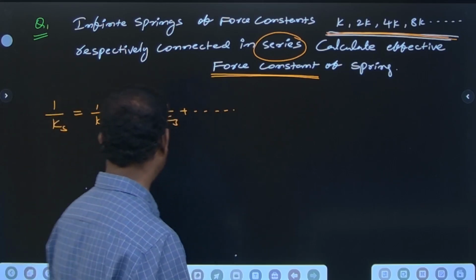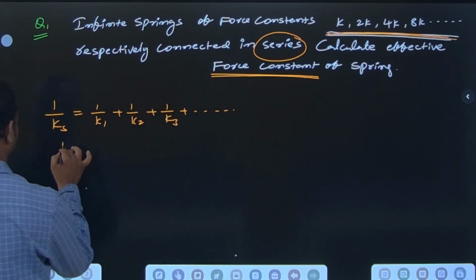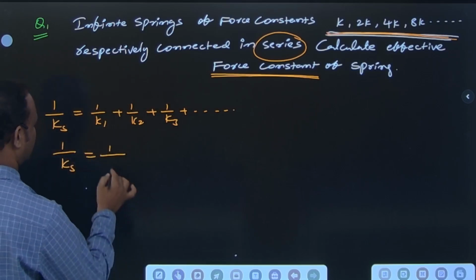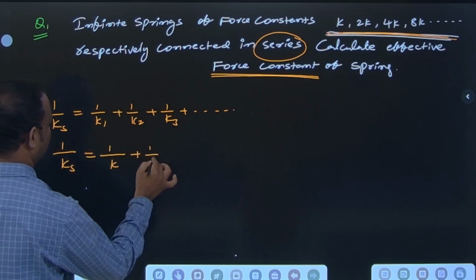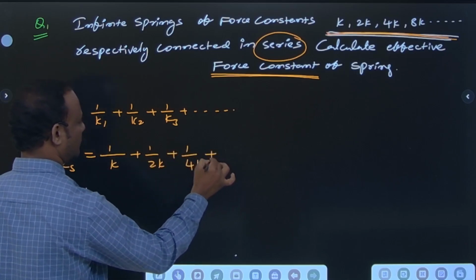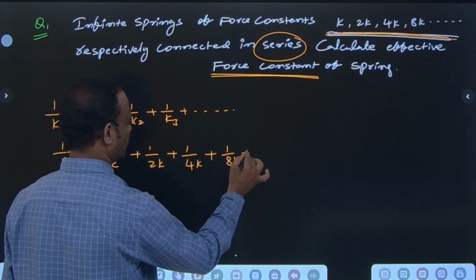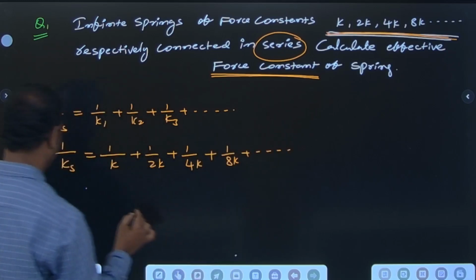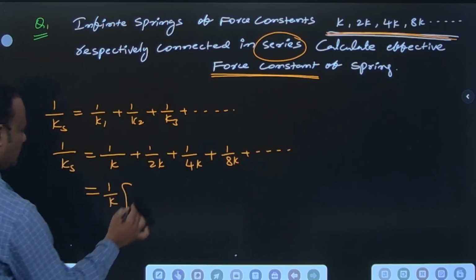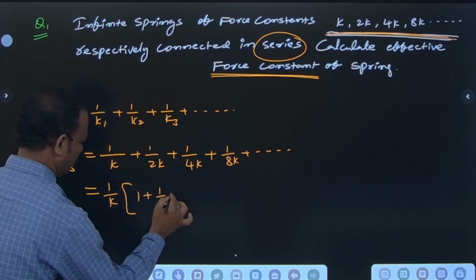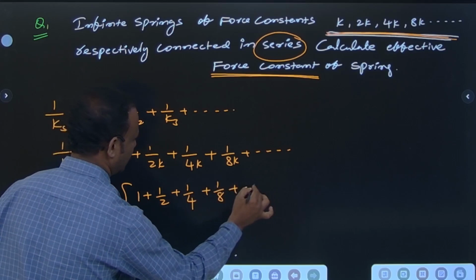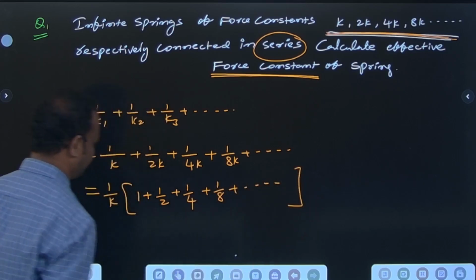So 1 by Ks is equal to 1 by K1, that is 1 by k, plus 1 by 2k plus 1 by 4k plus 1 by 8k plus so on. Taking 1 by k common: 1 plus 1 by 2 plus 1 by 4 plus 1 by 8 plus so on.